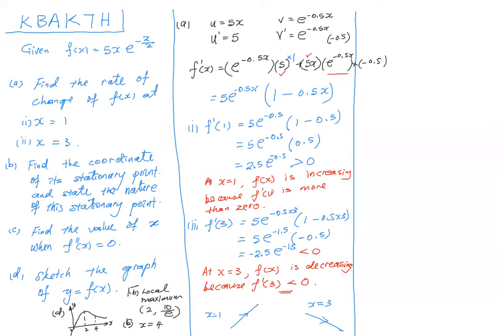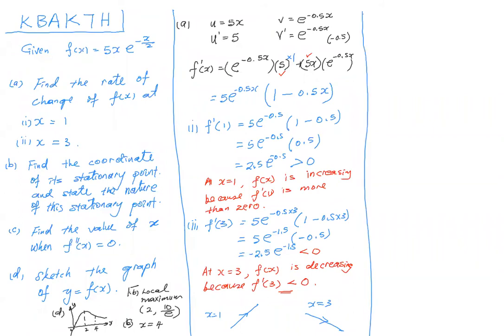Can I write this one over down there, so that I have more space for this one? Okay, how to do part B? Can someone give me some idea how to do part B, Azif?